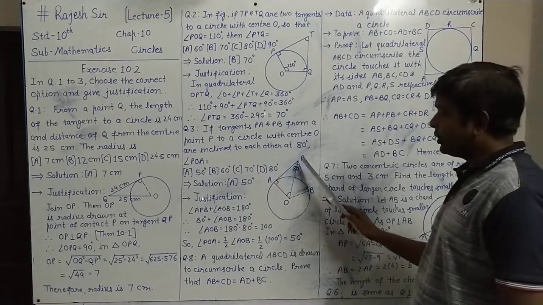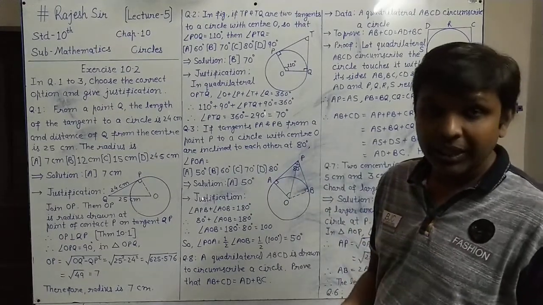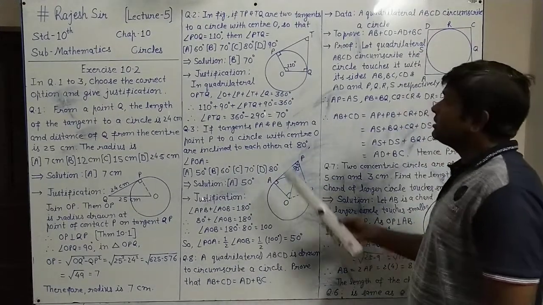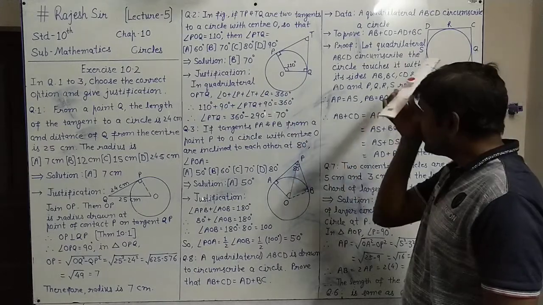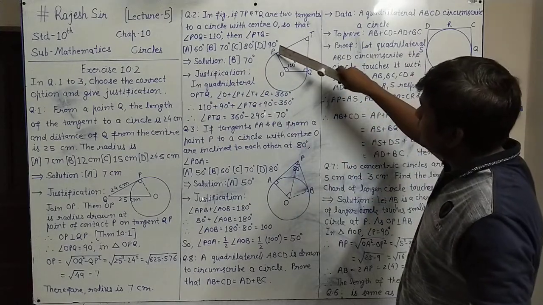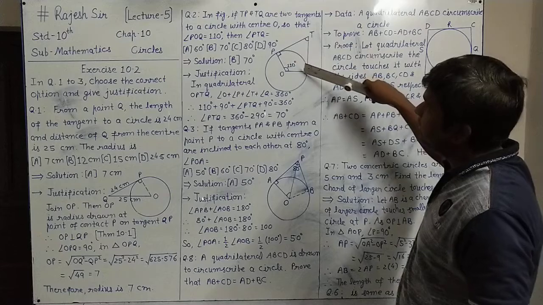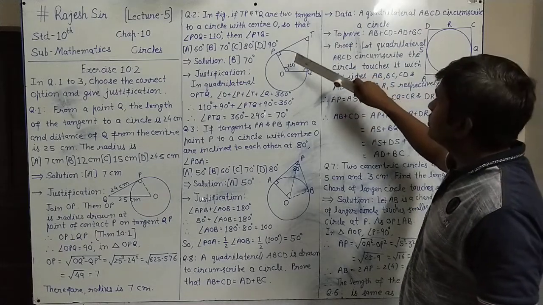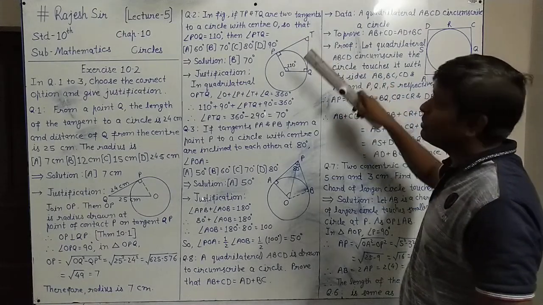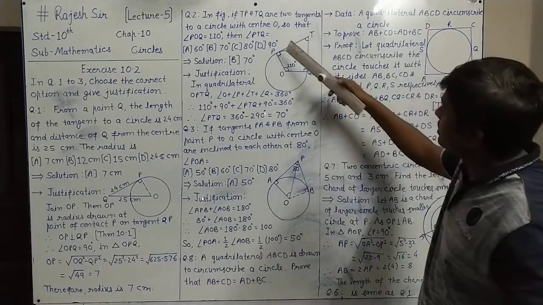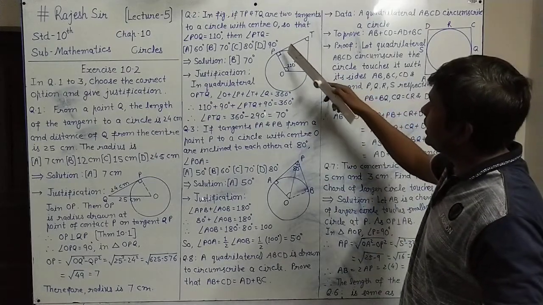The sum of all four angles in the quadrilateral is 360 degrees. As we have done here once, at the point of contact it will always be 90, 90, which is 180. So the total of these four angles is 360 degrees, in which the opposite angles at the points of contact are 90 and 90, summing to 180.